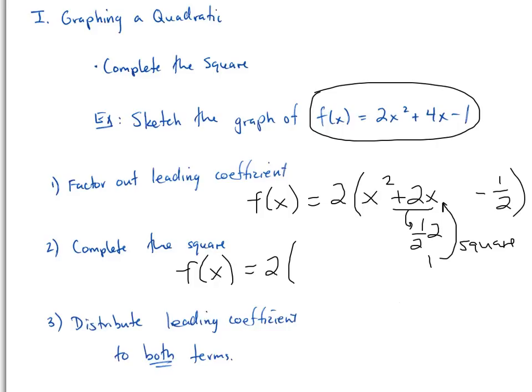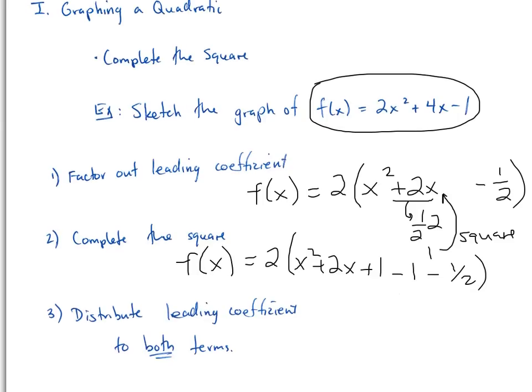So this would be 2 times the quantity x squared plus 2x plus 1. And because we just added 1, we're going to subtract 1 so that the resulting process doesn't change our function. So this is still the same function. All we've done is creatively added 0.